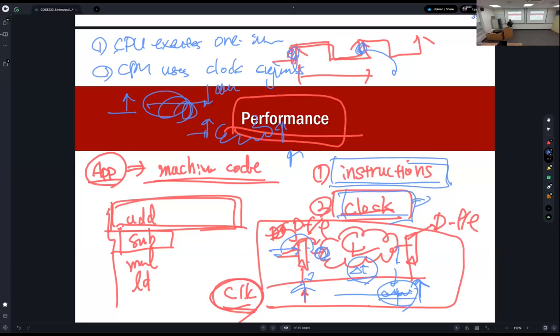That's why I explained how the CPU executes an instruction and how it uses clock signals for sampling instructions or input signals. This is a simplified abstraction, a very simplified operation of the CPU.